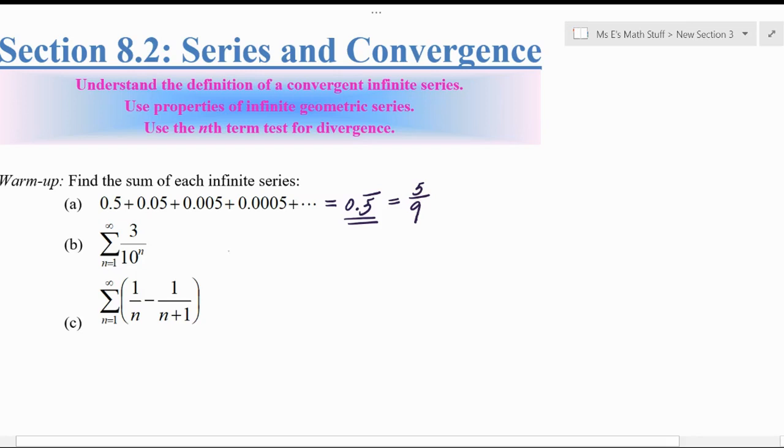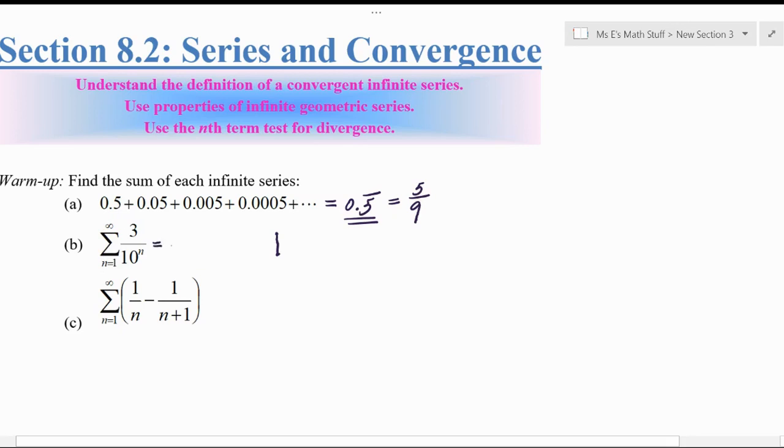So repeat after me: the sum as n goes from 1 to infinity of 3 over 10 to the nth power. Let's do this again. When you see sigma, you say "the sum." So the sum as n goes from 1 to infinity of 3 over 10 to the nth power. Make sure you can read that sigma notation.